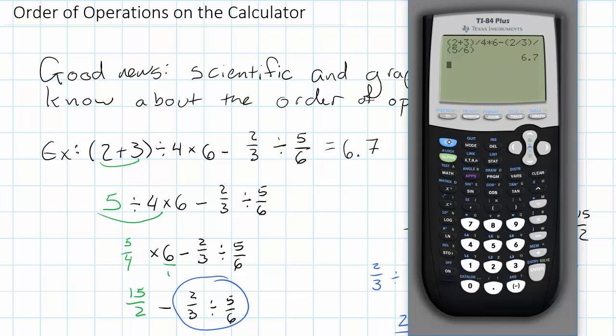Note, now I'm hitting second and then enter to get back what I just typed in. If I take out these parentheses around my fractions, I get the wrong answer. Why? Because instead of dividing by 5/6, this is dividing by 5 and then dividing by 6.